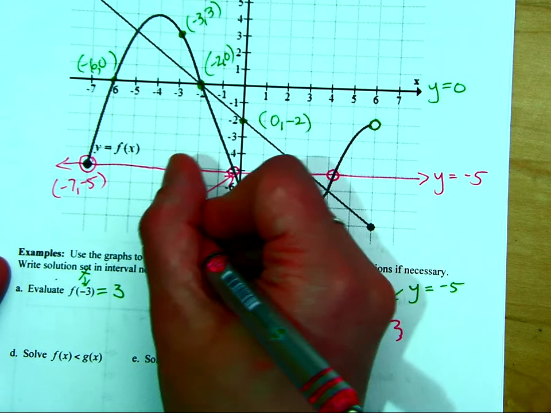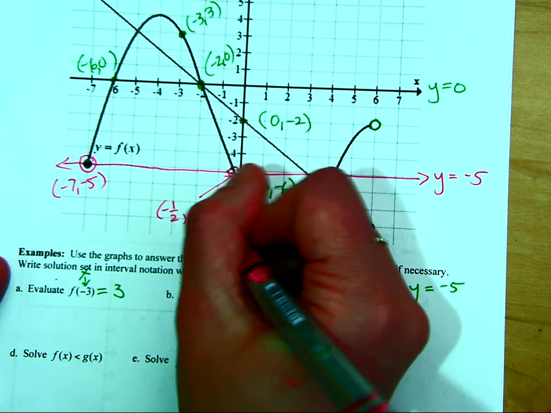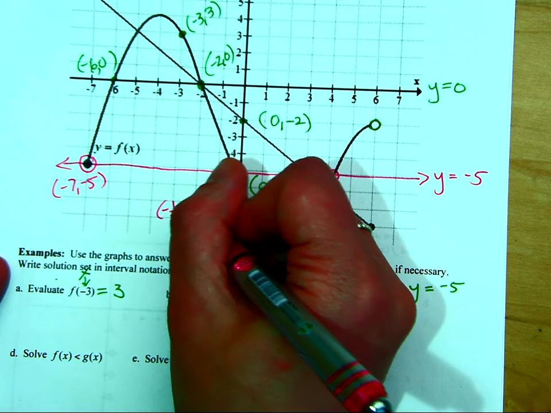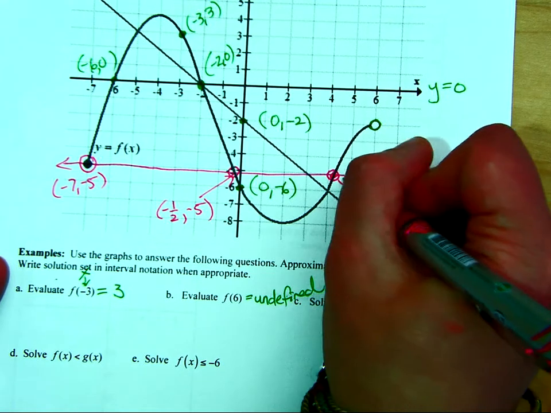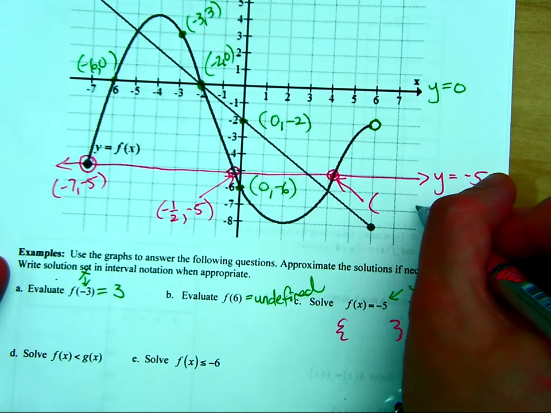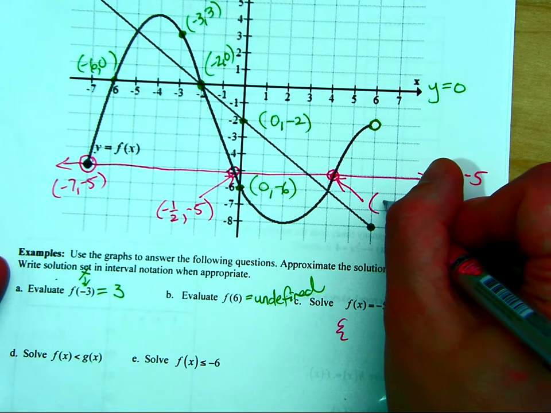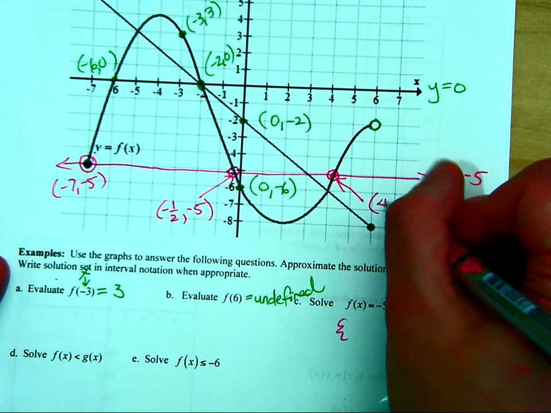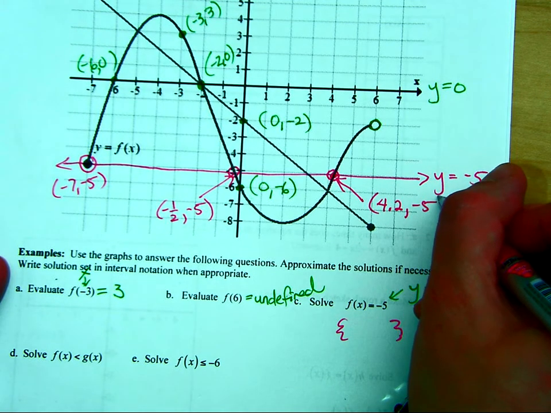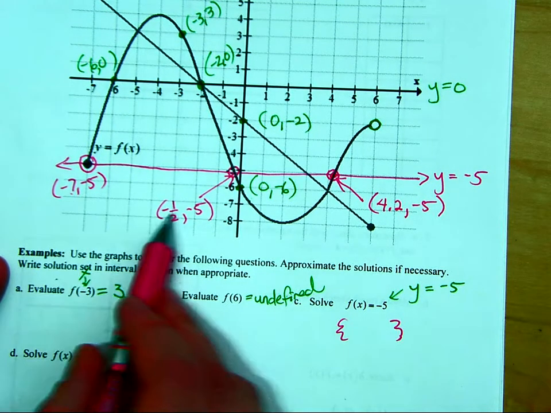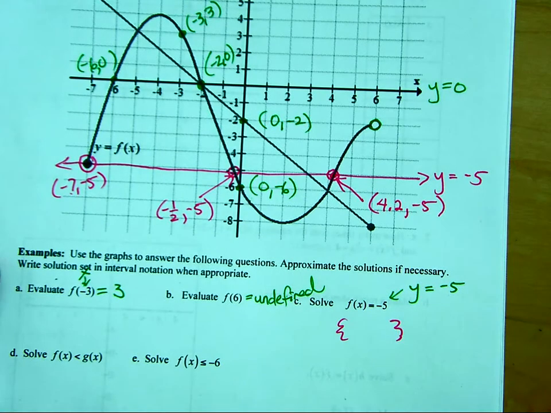So I'm going to say that's (-1/2, -5). What's the ordered pair of this point here? It's a little over 4. 4.2, sure, (4.2, -5). So we want all the x values that correspond to y equals -5. What would the x values be?